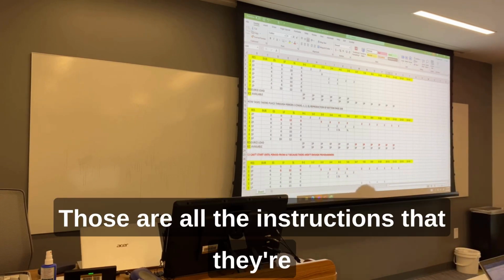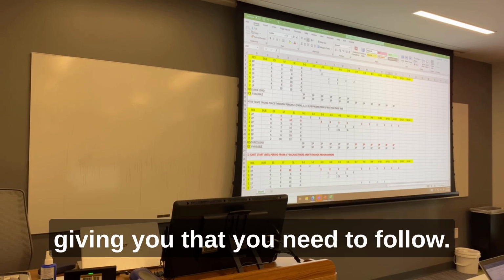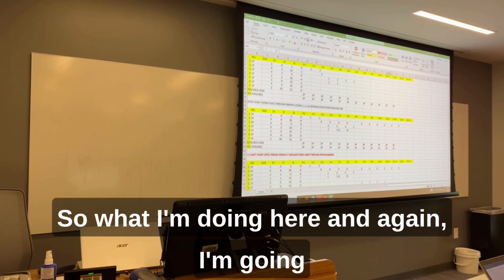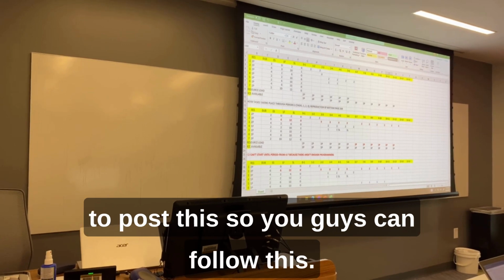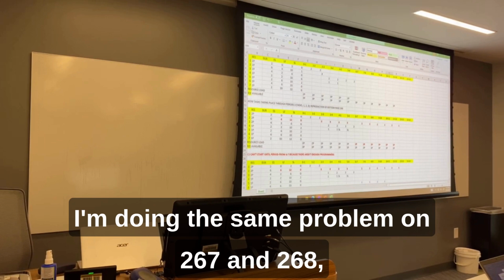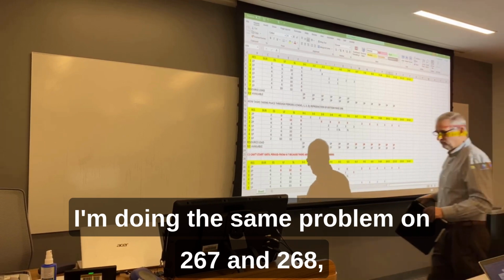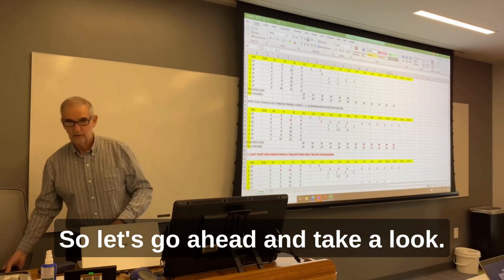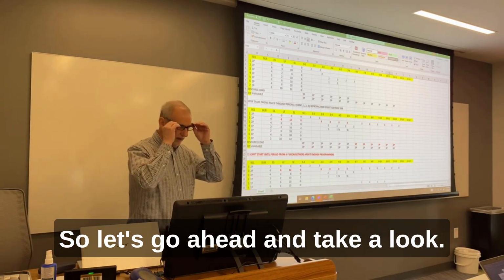Those are all the instructions that they're giving you that you need to follow. And this is overly complicated. So what I'm doing here, and again, I'm going to post this so you guys can follow this, I'm doing the same problem on 267 and 268, but I'm doing it in a simpler version. Okay? So let's go ahead and take a look.